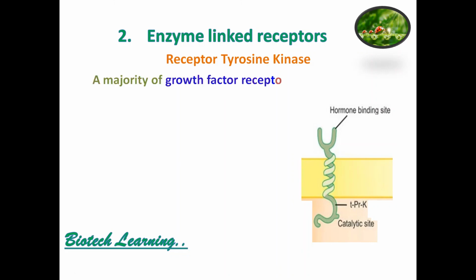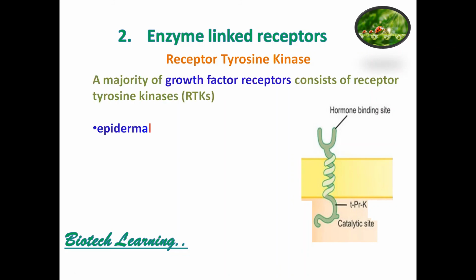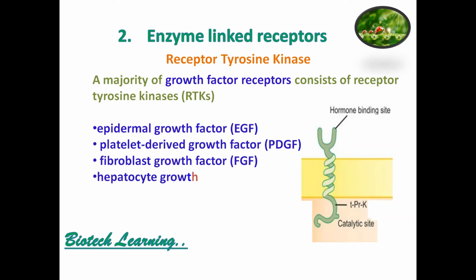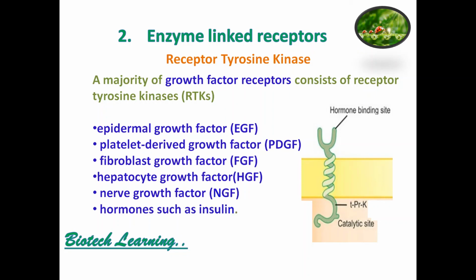The majority of growth factor receptors are receptor tyrosine kinases: epidermal growth factor, platelet-derived growth factor, fibroblast growth factor, hepatocyte growth factor, nerve growth factor, and hormones such as insulin. All these growth factor receptors belong to this class.